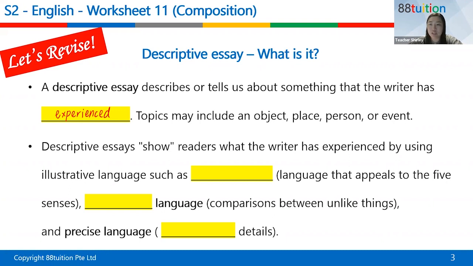So that is actually what we call imagery. Imagery is basically illustrative language that creates an image in the head of your readers. So it's language that appeals to the five senses, basically.